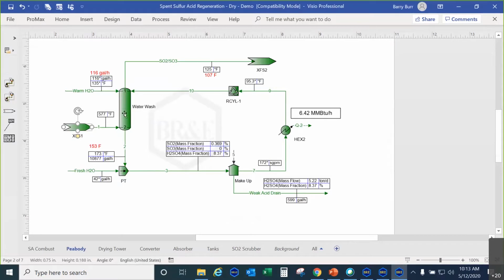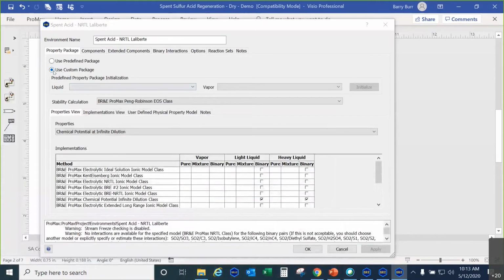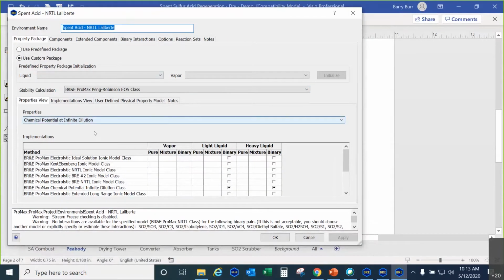Because this is occurring, we switched to a different thermodynamics package that is currently a custom package. Its basic package is NRTL, Peng Robinson, or SRK. So we select NRTL as the basic package, but then we choose this use custom option, and there are changes we have to make to the molar enthalpy and the molar volume properties.